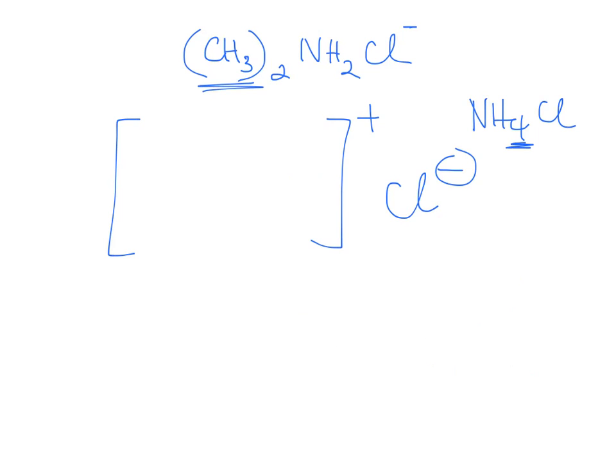That means the other one is kind of hanging around, so that's why you have a negative charge. And if you have a negative charge, there has to be a positive charge on something. And in this case, since it's nitrogen that's making 4 bonds, that's the one that you're going to say is going to have a positive charge.